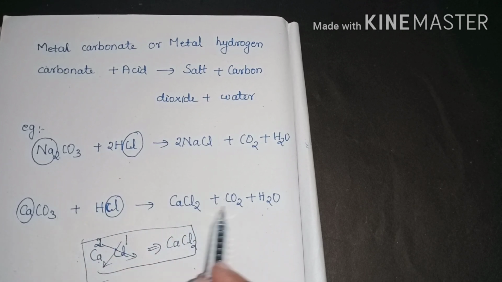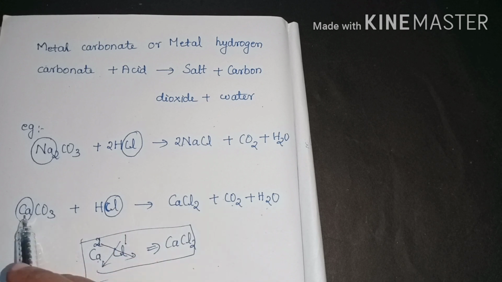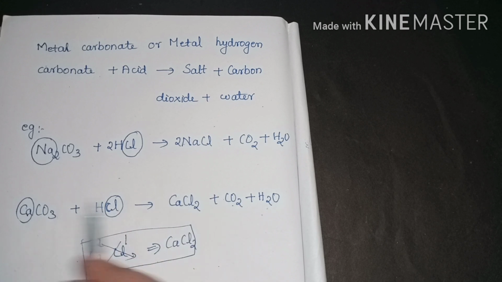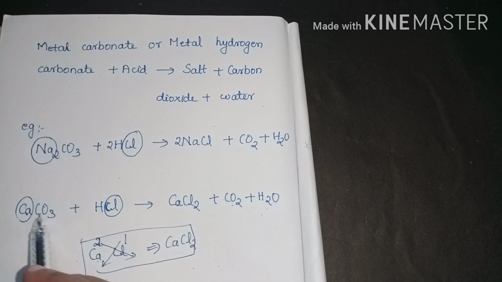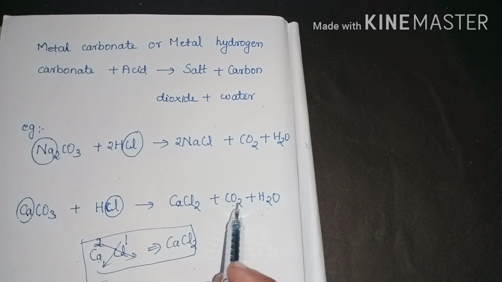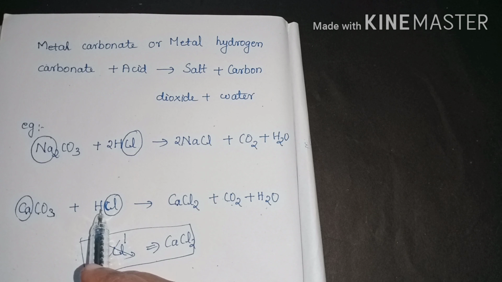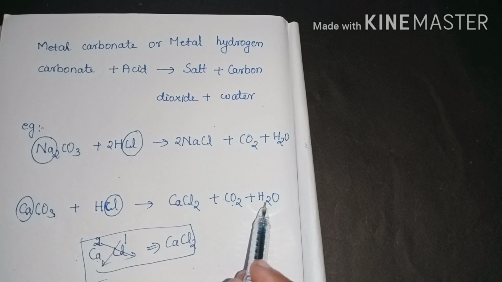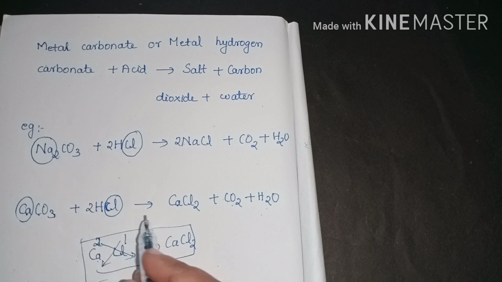So we have to balance this equation. Here only 1 calcium atom, here also 1 calcium atom. Here only 1 carbon atom, here also 1 carbon atom. Here there are 3 oxygen atoms, here also 3 oxygen atoms. Here 1 hydrogen atom, but here 2 hydrogen atoms. So we want to put 2 here.